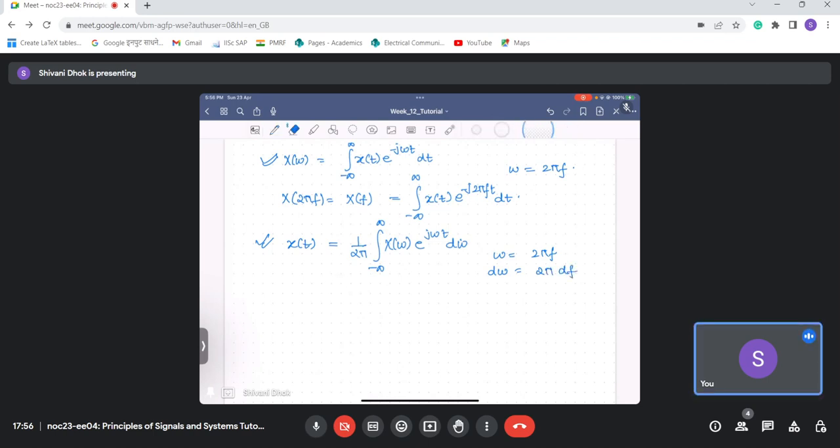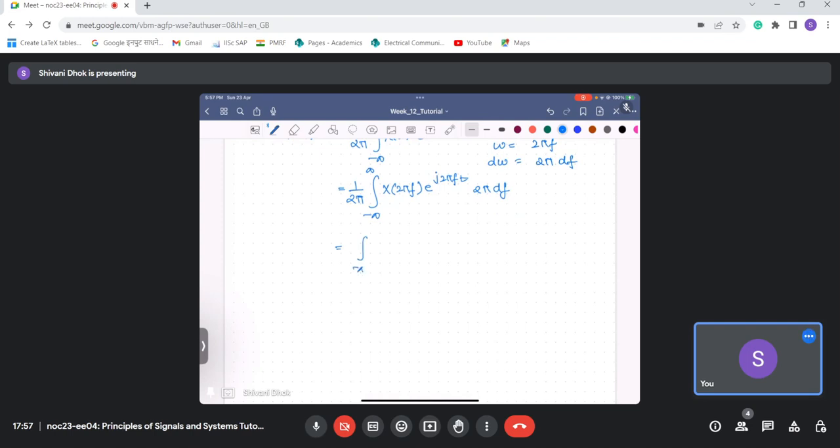So I have 1 over 2 pi integral from minus infinity to infinity of X of 2 pi f e power j 2 pi f t 2 pi df. This comes out to be the integral from minus infinity to infinity of X of f e power j 2 pi f t df. This is the inverse transform that I am getting. The 2 pi factor gets cancelled. So if you look at the properties in this fashion, wherever there is a scaling of 2 pi, there won't be a scaling of 2 pi.